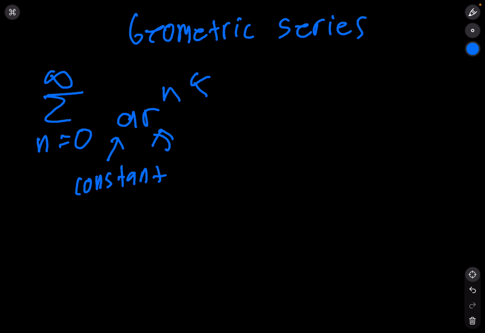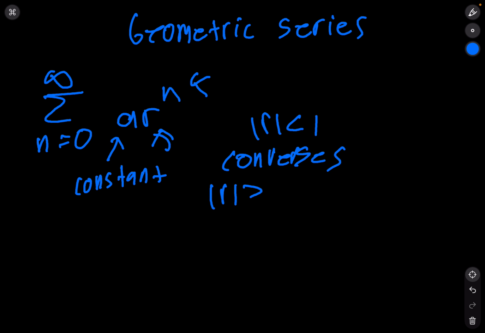By the geometric series test, if the absolute value of this number is less than 1, it converges. And if it's equal to 1 or greater, it diverges.